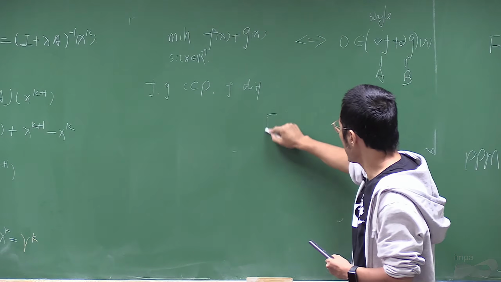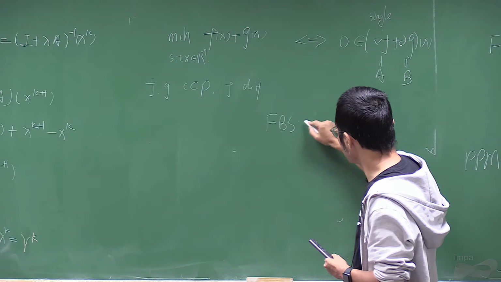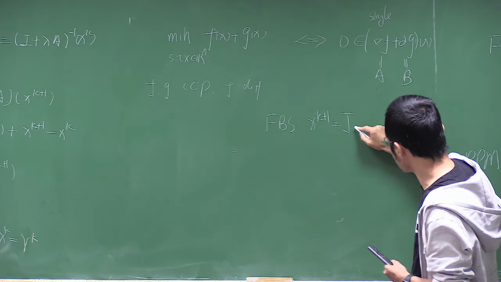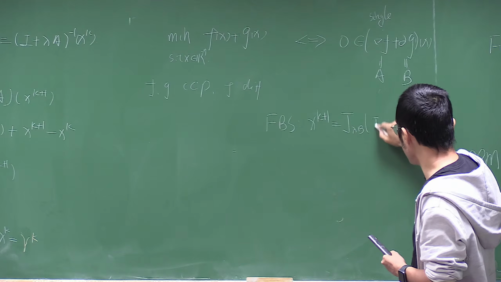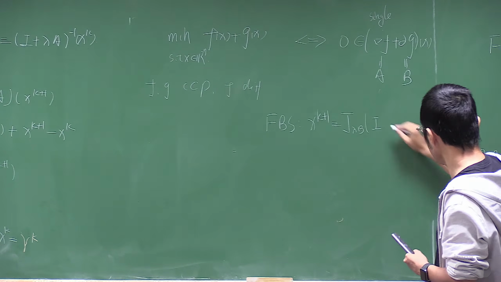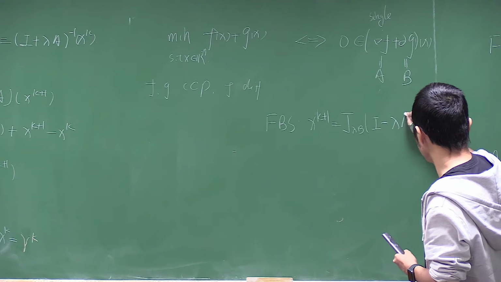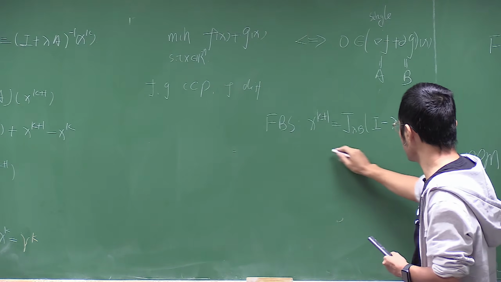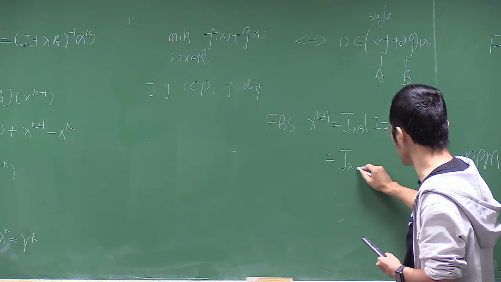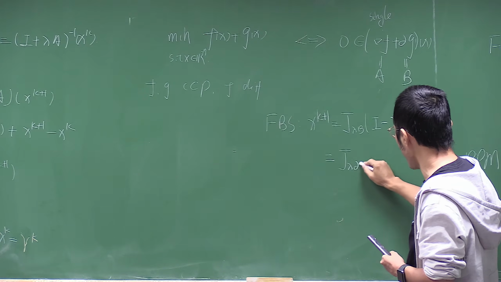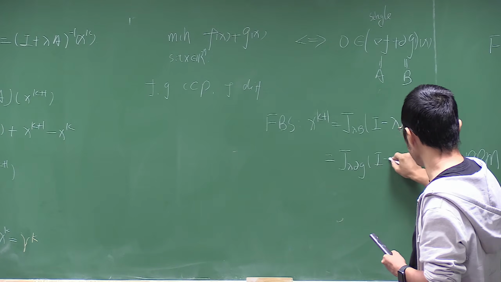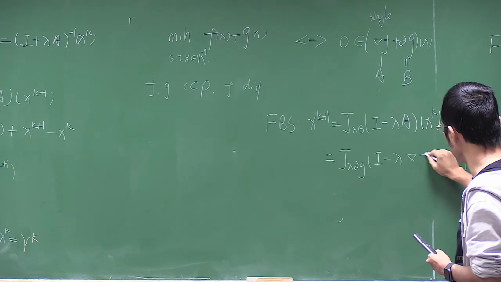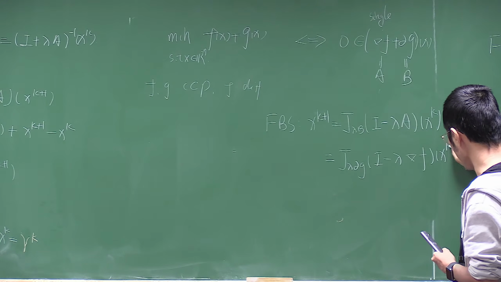The FBS works like this: x^{k+1} equals the resolvent of B applied to (I minus lambda A) x^k. So it is equivalent to the resolvent of the subgradient of g applied to (I minus lambda times the gradient of f) at x^k.